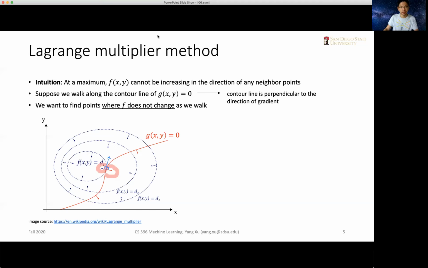If we look at this blue dot here, the contours of f at these points should be something like ellipses drawn right here.